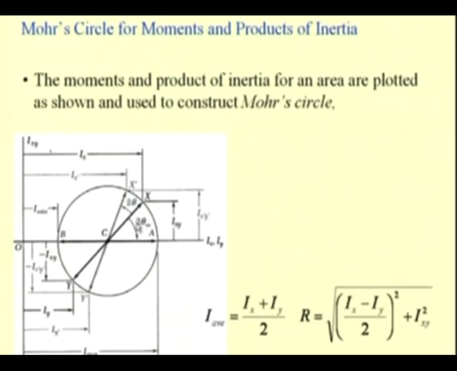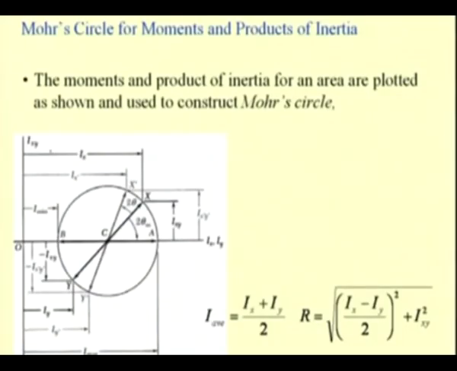And we know that if we rotate the axis by theta, then on the diagram the point moves by 2 theta. So, for a given axis, if BCA corresponds to the principal axis, then this angle is 2 theta m, or the theta by which we have to rotate to find the principal axis.